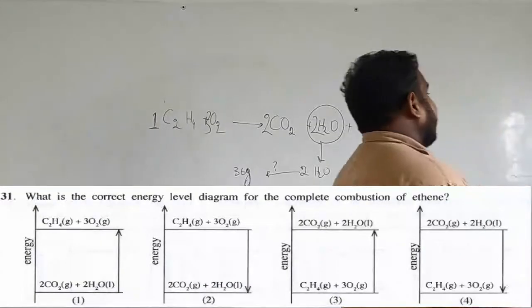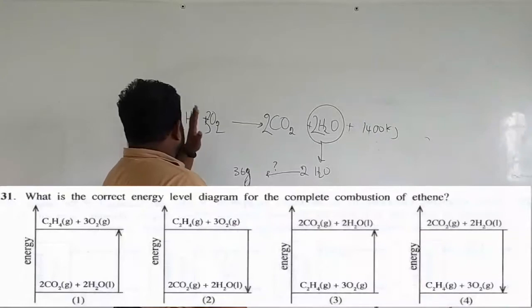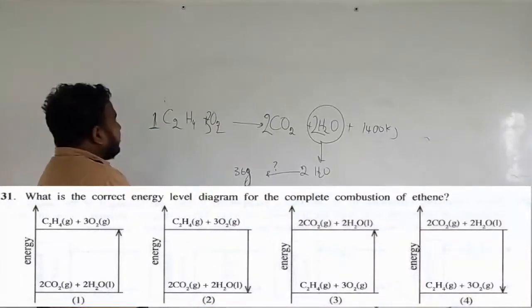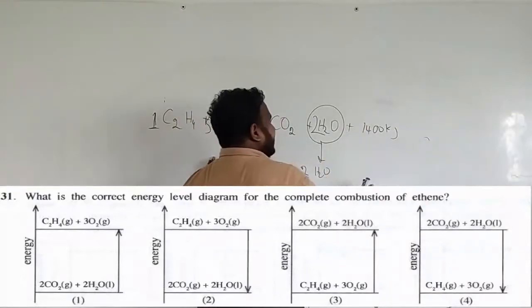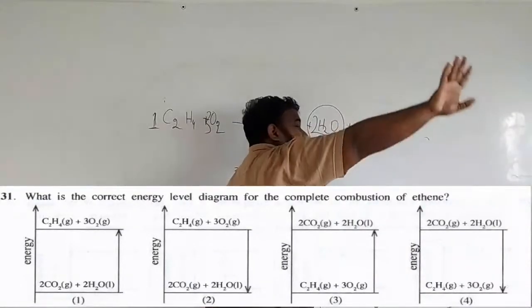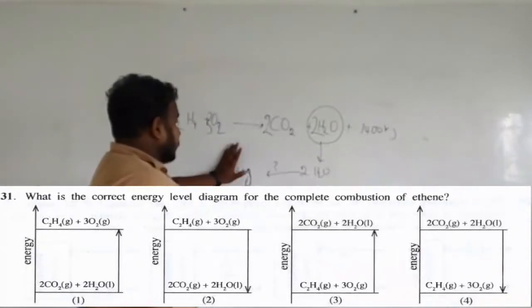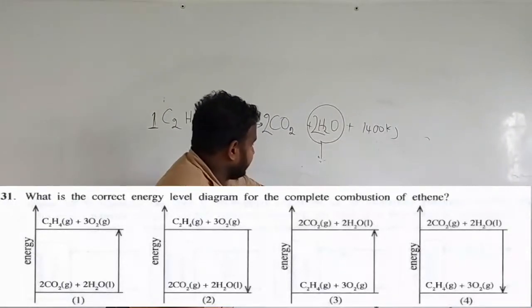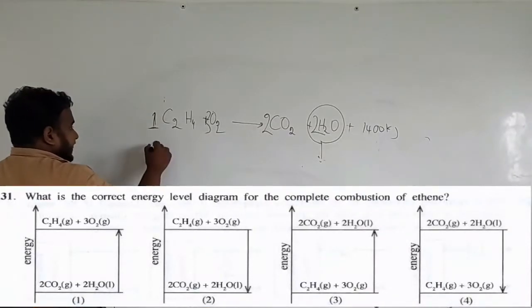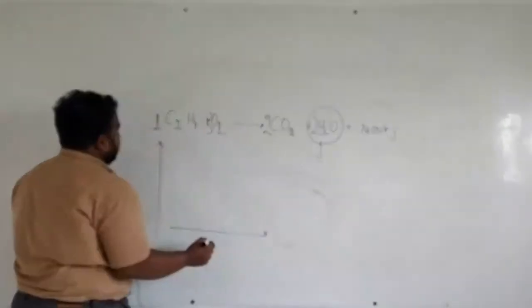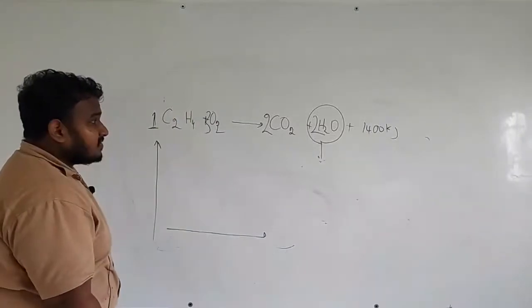So in the 31st one, they have asked you which graph is the most correct graph for the above reaction. So here you should remember that when this reaction happens, this amount of energy is released, this amount of energy is sent out. So this is an exothermic reaction. So the graph for an exothermic reaction will be how? The energy of reactants will be high and the energy of products will be less.